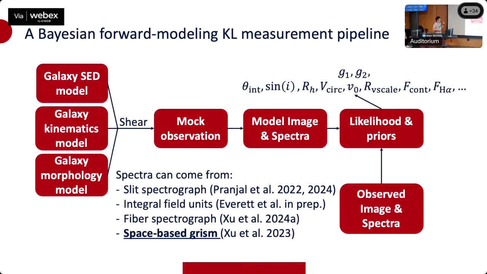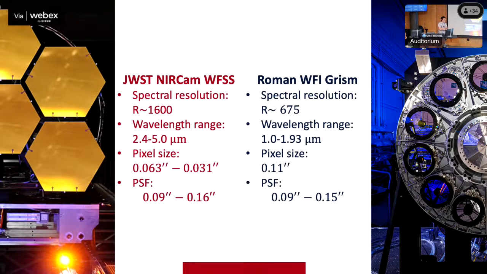The spectra can come from fiber measurements, slit, IFU, and, for this conference's interest, space-based prism. Roman is going to launch next year, but before that we have fantastic data for validating the kinematic lensing methodology from JWST. Here I compare the instrument specs between the JWST NIRCam prism and the Roman Wide Field Instrument prism.